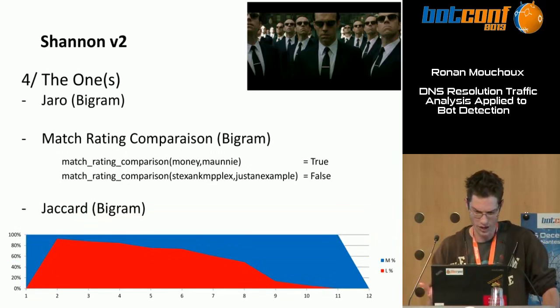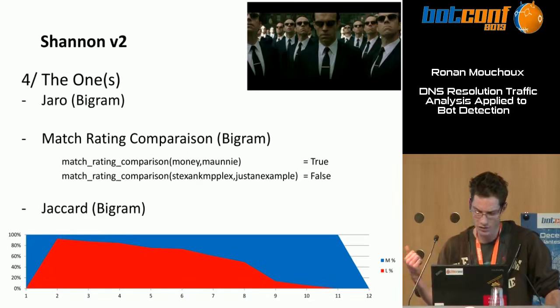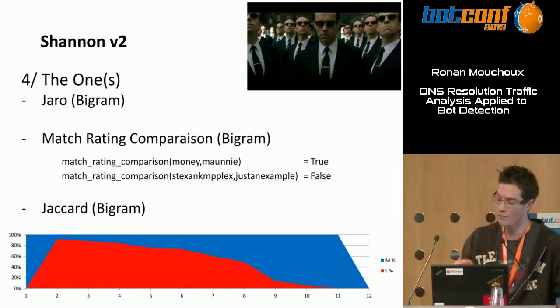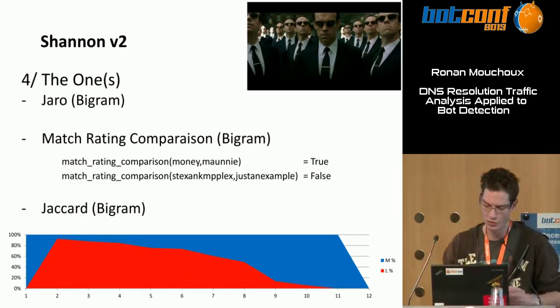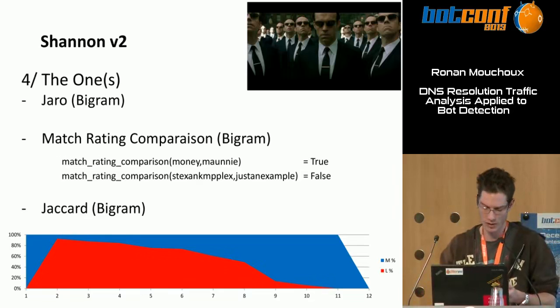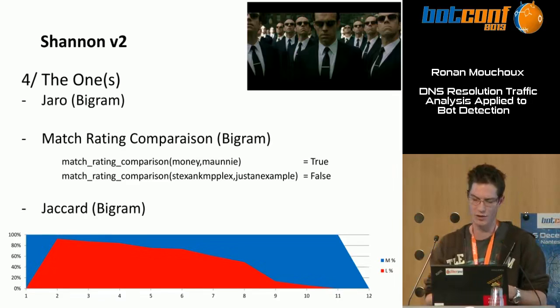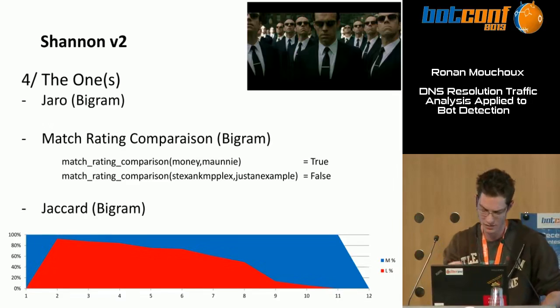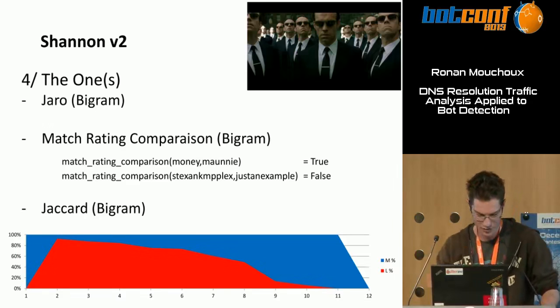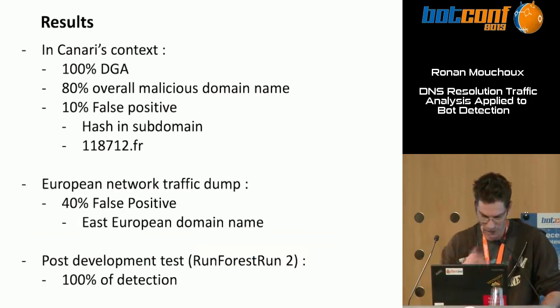So Jaro, the regular one, and Match Rating comparison. With that, we are able to see domain names that play with the words, or where the phonetics is the same, and the Jaccard distance.